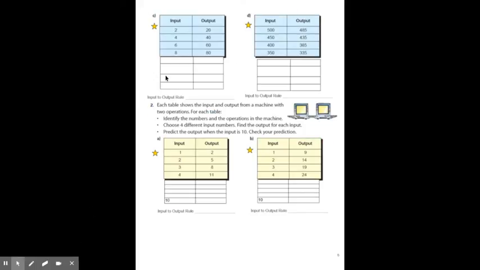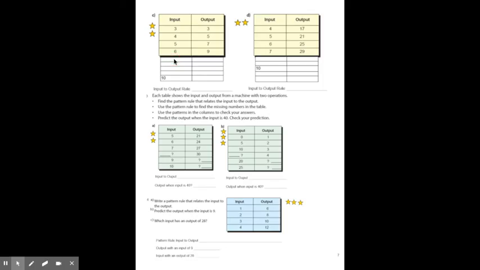Okay, so the first thing we want to do is fill in the chart. So we look at our input. It goes 2, 4, 6, 8. So it shouldn't be hard to figure out that the next answer is going to be 10, and then it's going to be 12, right? Because it's going up by 2.